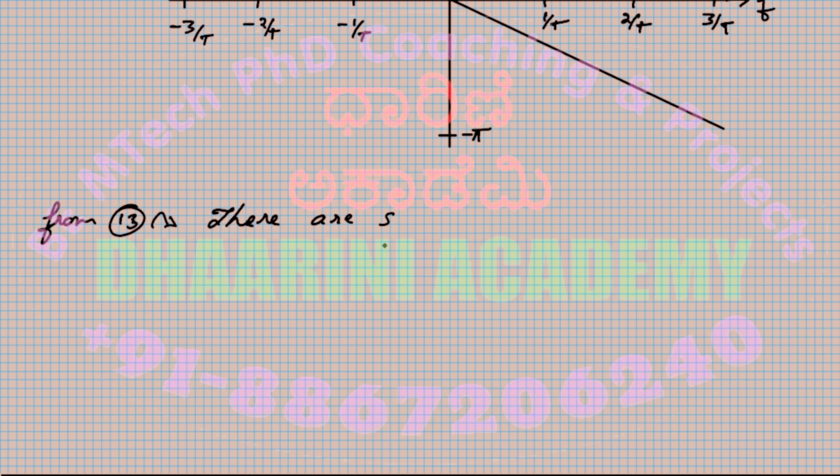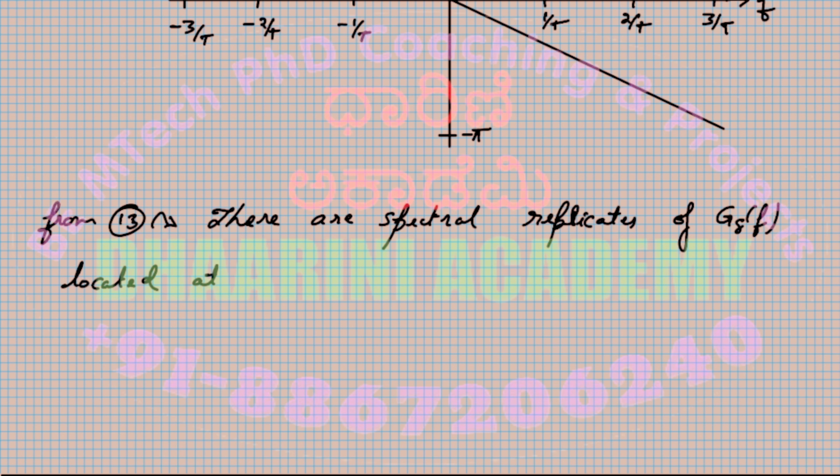There are spectral replicates of G delta of f itself, located at f equal to plus or minus fs, plus or minus 2fs, and so on.